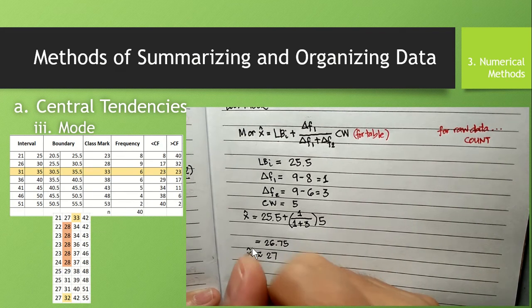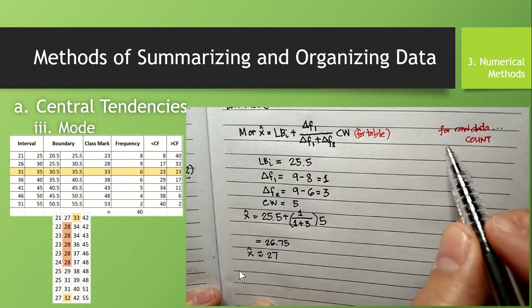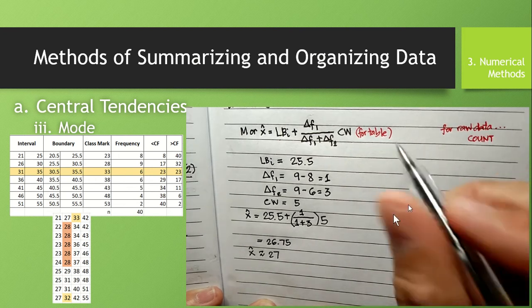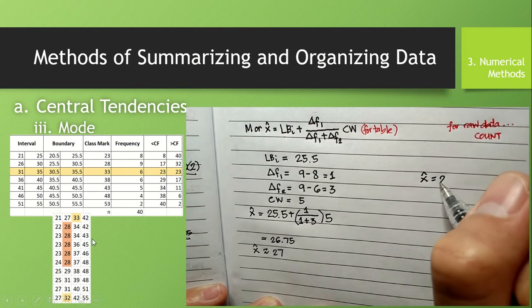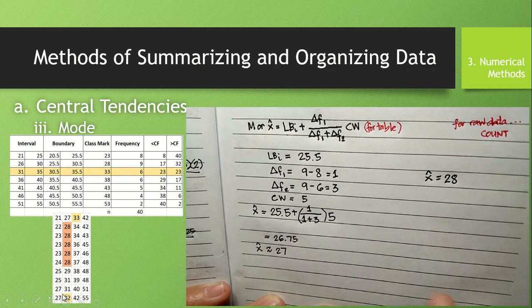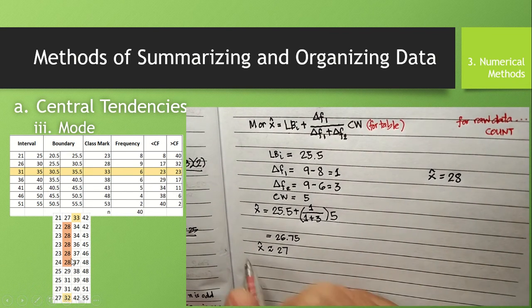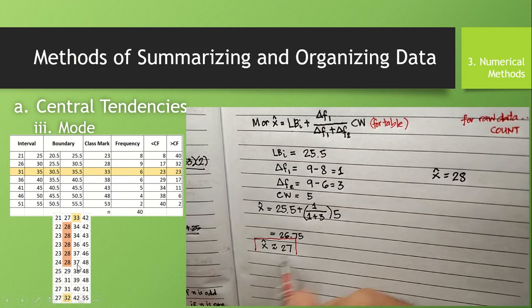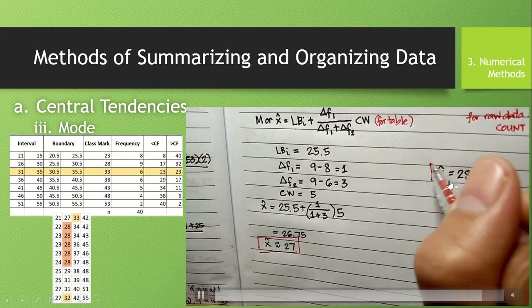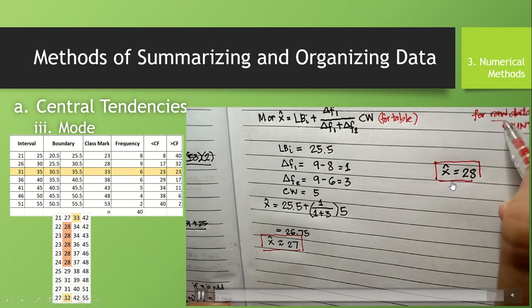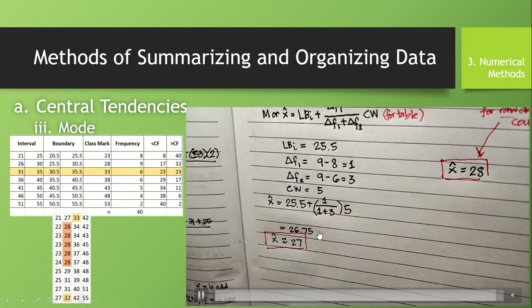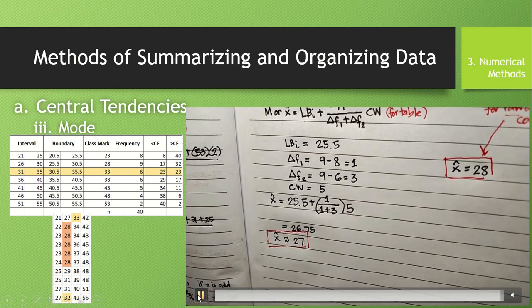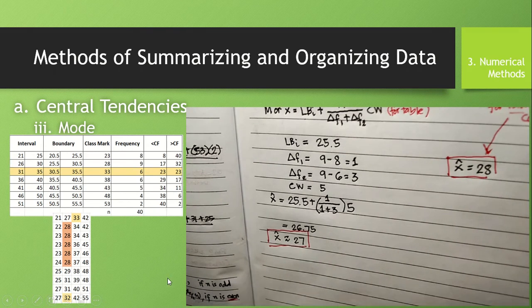Therefore, our x hat, or the mode, is equal to 27. Now for ungrouped data or raw data, we'll just have to count. If you observe this sorted data here, 28 has the largest occurrence. Therefore our mode, our x hat, is equal to 28. So that's how we solve for the mode of our data.